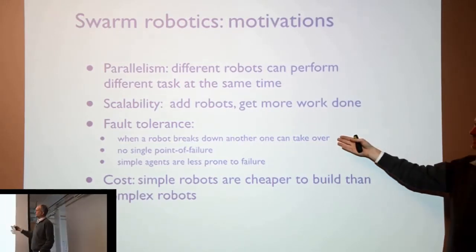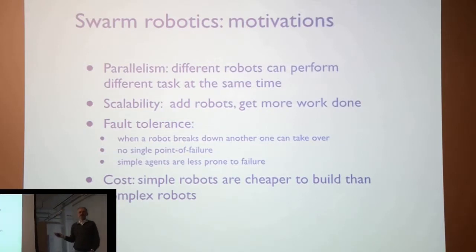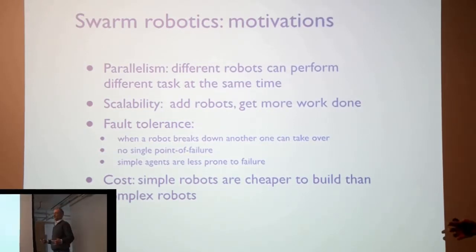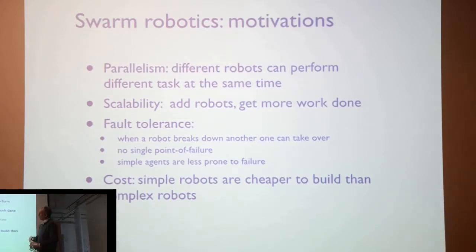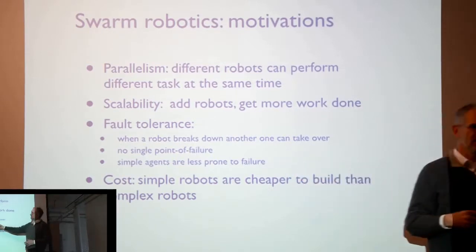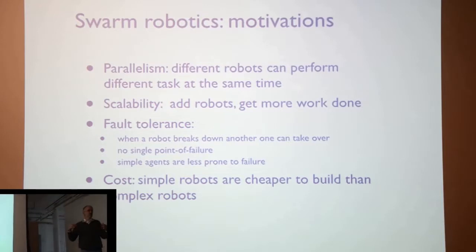There is no single point of failure. If a robot breaks down, any other can take over. There is no particular robot that is so important that if it fails, the whole system does not work anymore. And also, the single agents are less prone to failure than a much more complex robot that could do the whole work alone.